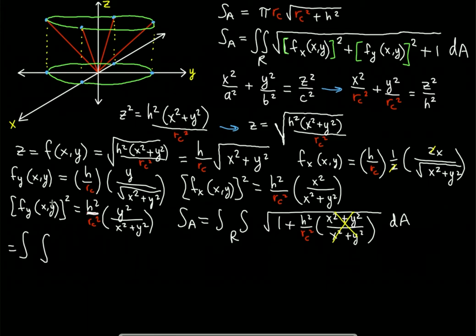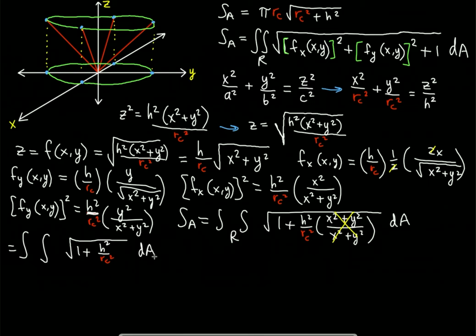So what we have as a result is just 1 plus h squared over rc squared, dA. And now let's talk about the limits of integration and what we're going to replace the dA with.